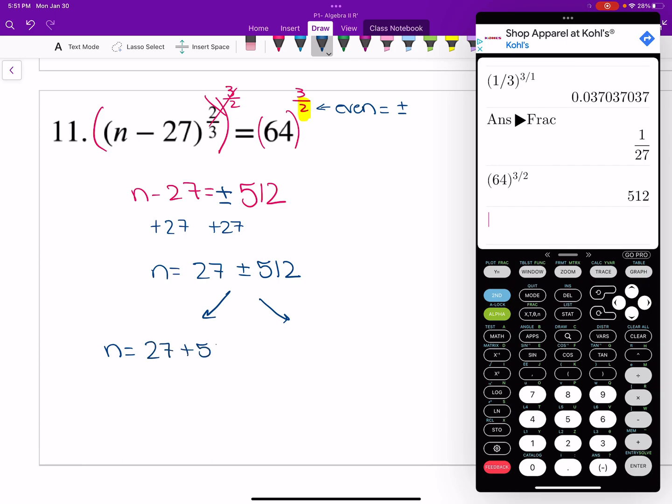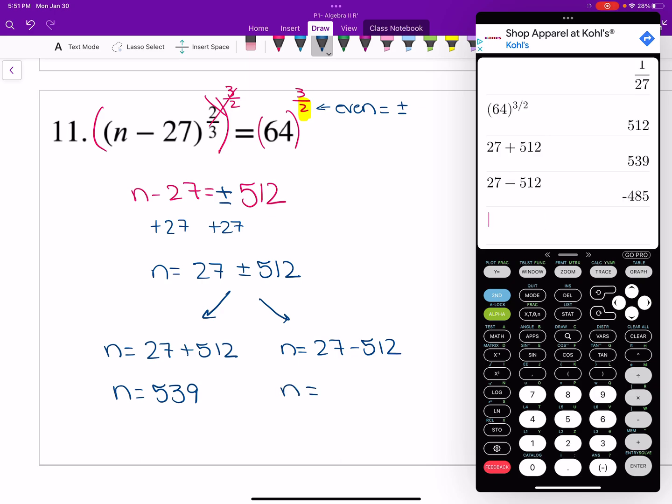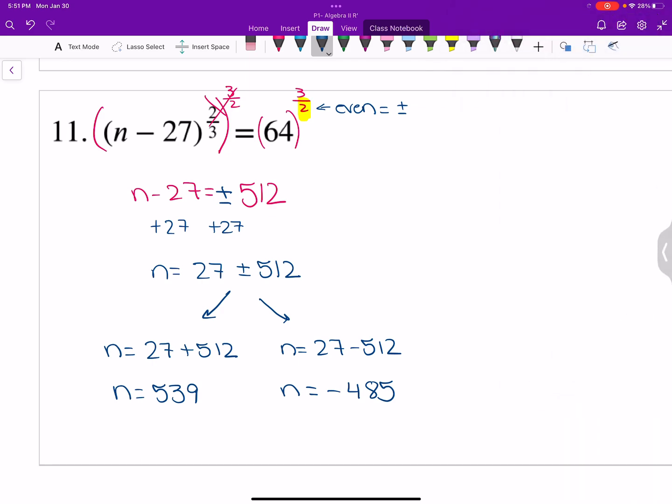You get 27 plus 512. So there's the 539. And we're going to have 27 minus 512, which gets us negative 485, not negative 539.